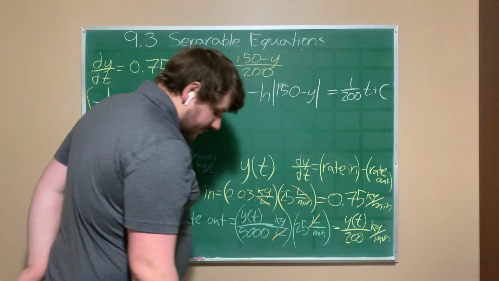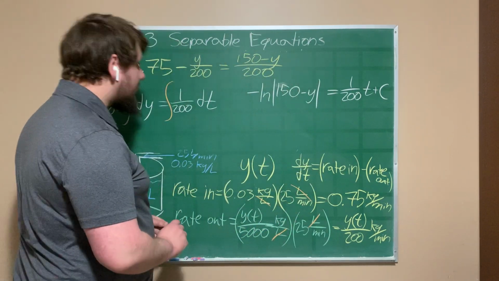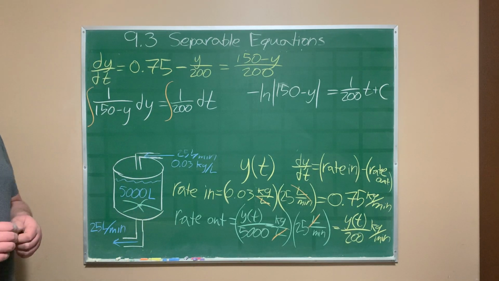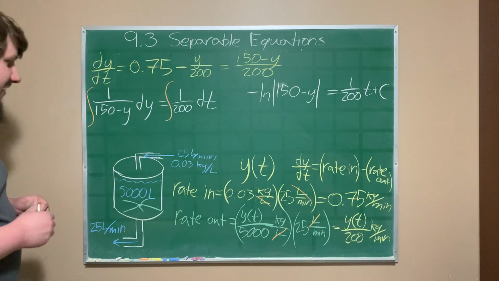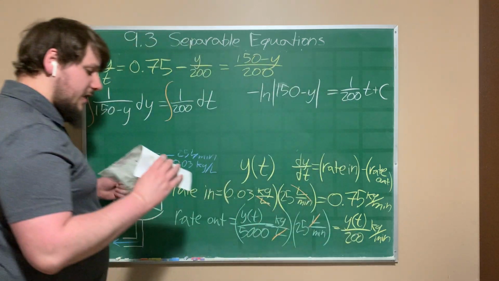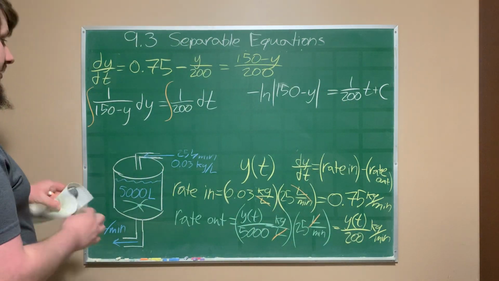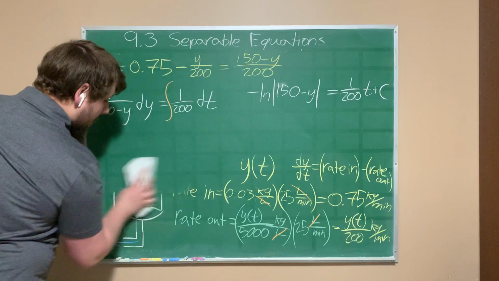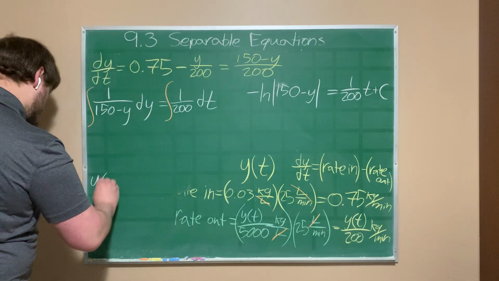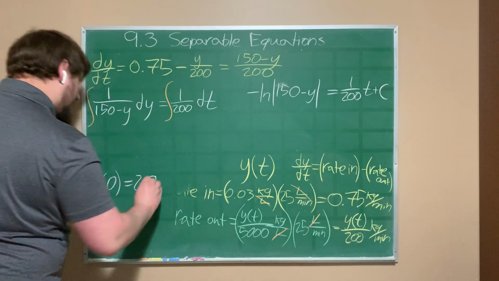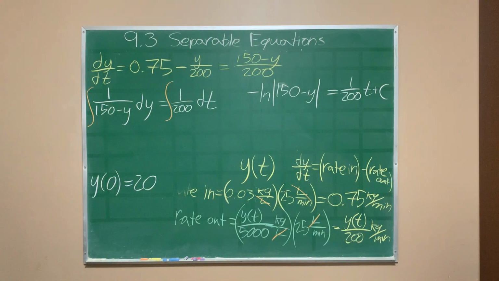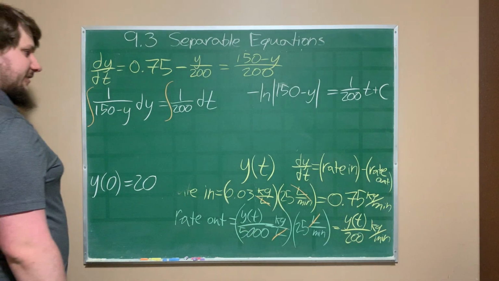Okay, so we have now started to solve our differential equation. Another thing that we know, which I've now erased, unfortunately, but which you could scroll back in the video to find, is that initially the amount of salt in the water is 20 kilograms. Another way to say that is that y of 0 is equal to 20. That means if I plug in t equals 0 to both sides of this equation, the y value should be exactly 20.